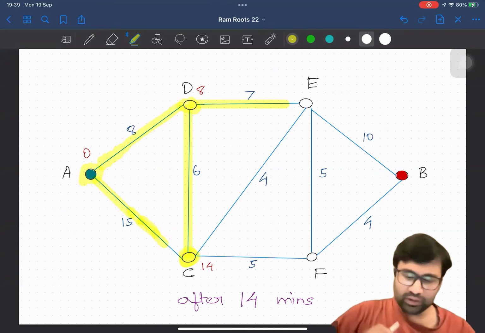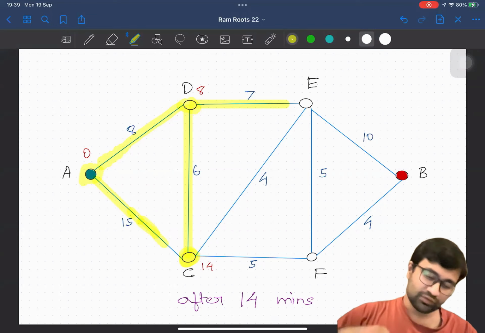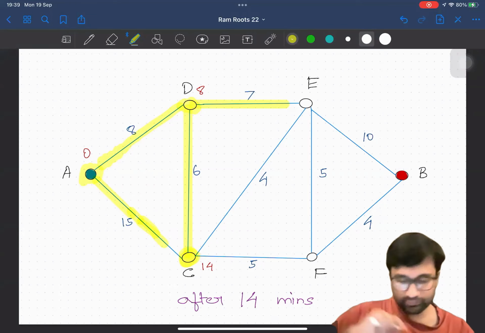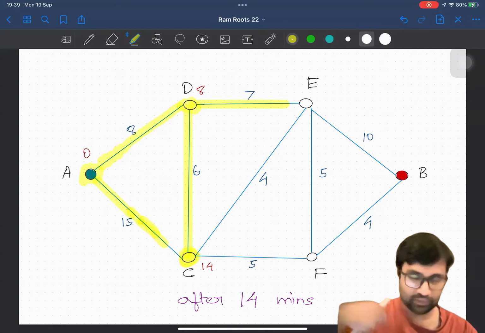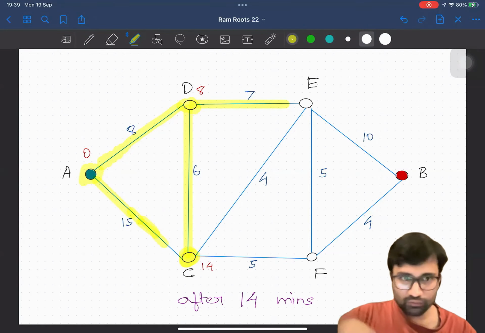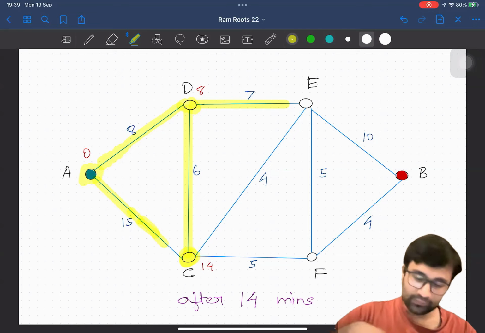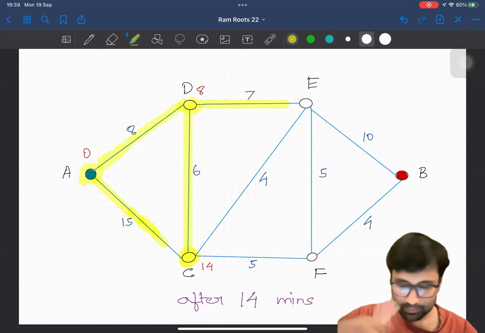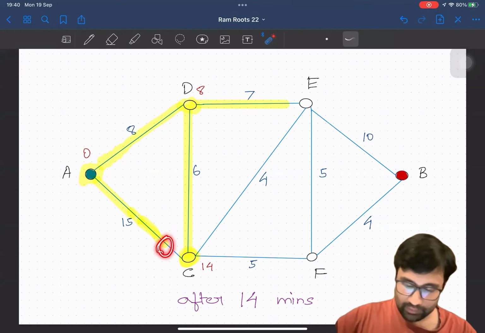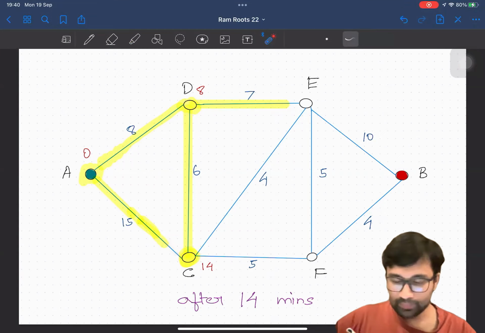That after 14 minutes, the fire has first spread from A to D in 8 minutes, and then in another 6 minutes, the fire has spread from D to C. So C catches fire at 14 minutes. And if you look at the direct path from A to C, the fire is still coming in that direction. It has not reached C via that path yet. It still has some distance to cover.